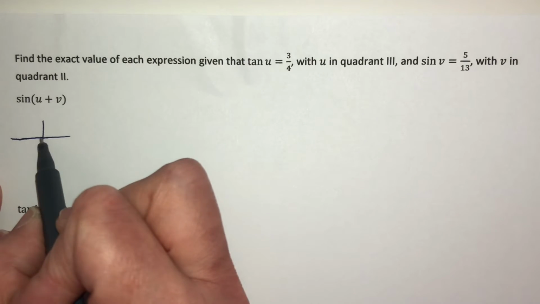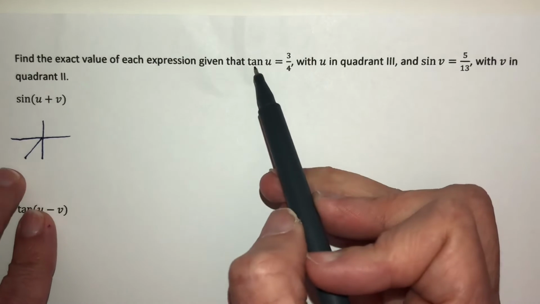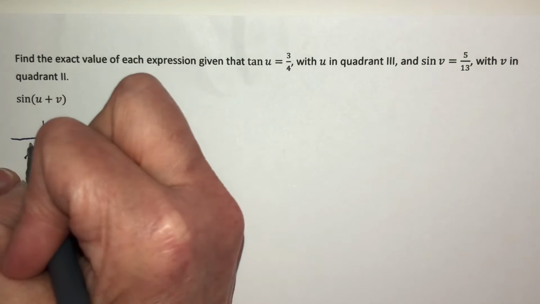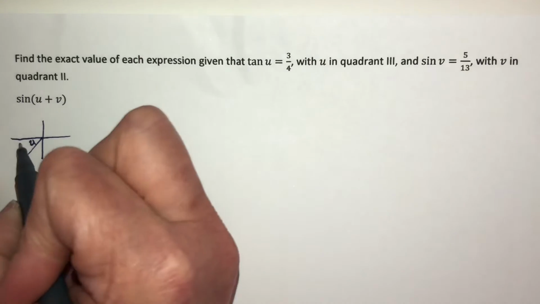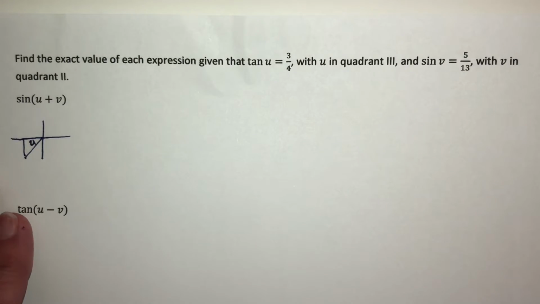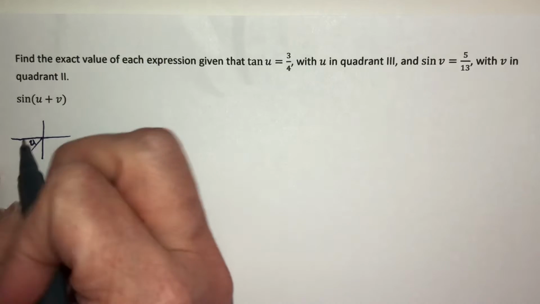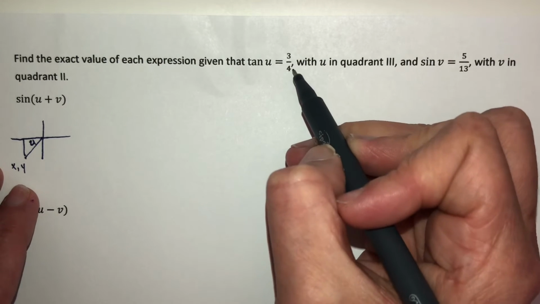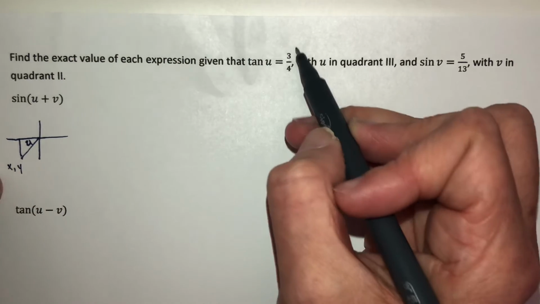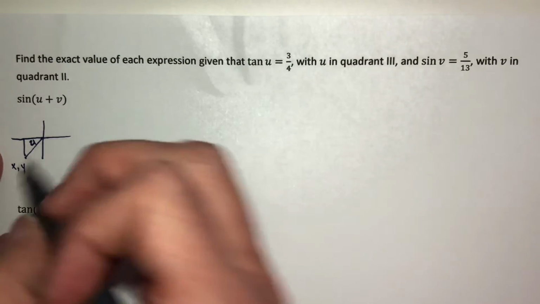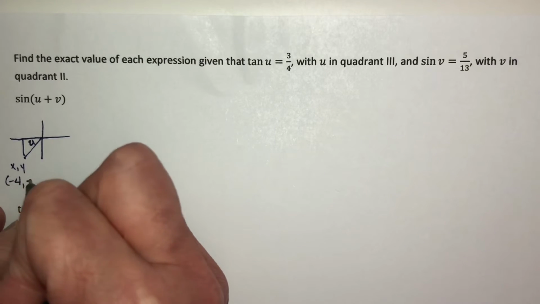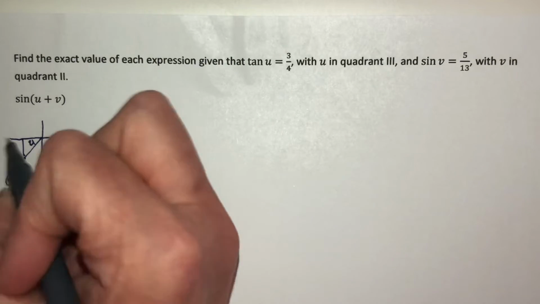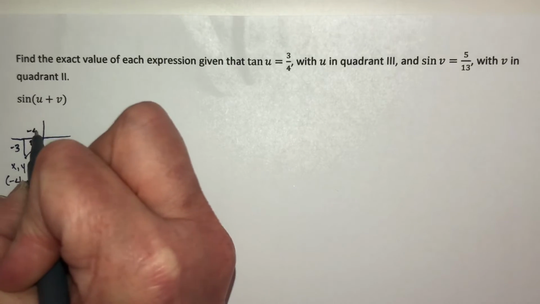If we are in quadrant 3, tangent is positive, but sine and cosine are negative. And this is my angle u, right there. Well, this point x, y, it's 4, 3, but it's going to be negative on both of them because it's in the third quadrant. So this is -3, this is -4.